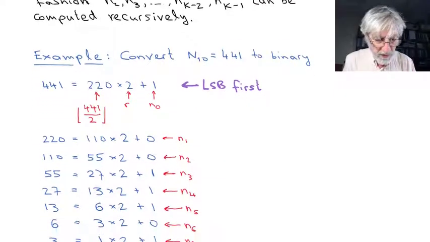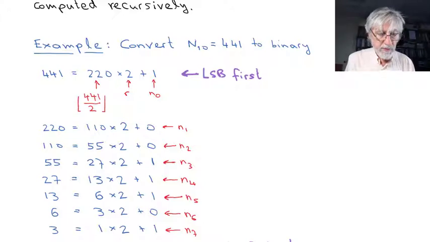So we're going to take now an example, and we're going to convert n sub 10, the decimal number 441, to binary. So we start out with 441, and we divide this by 2.